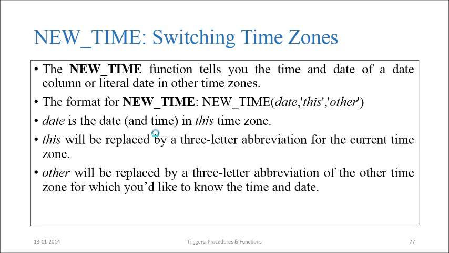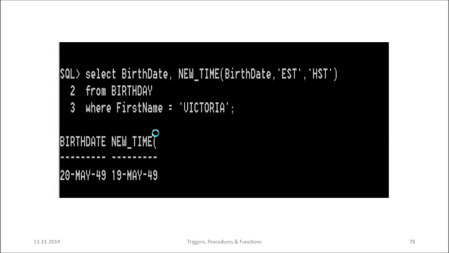Other will be replaced by a 3-letter abbreviation of the other time zone for which you would like to know the time and date. The example here: a date is given for the new time function, a 3-letter format of the present time zone is given, then the 3-letter format of the time zone in which we wish to see the time is given and it is printed here.